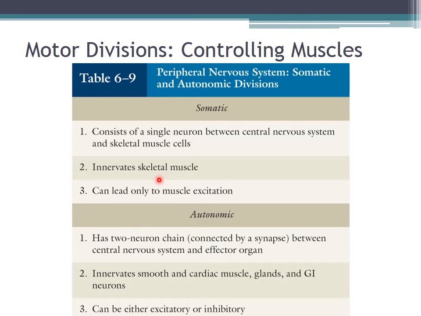This table will take your two motor divisions, which are going to be controlling effectors, and give you, in this nice little table, some differences between the somatic motor division and the autonomic motor division. Remember that the somatic motor division is going to consist of these neurons that are going to control skeletal muscle.